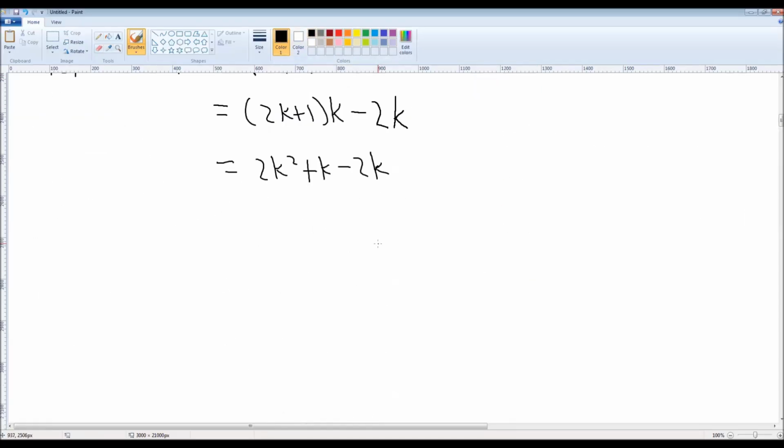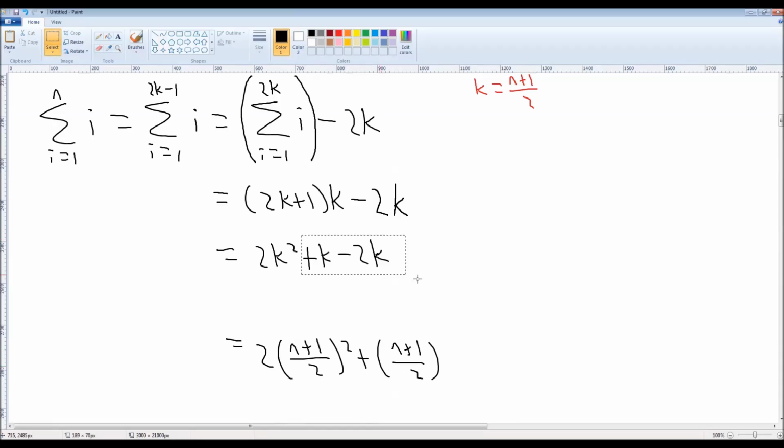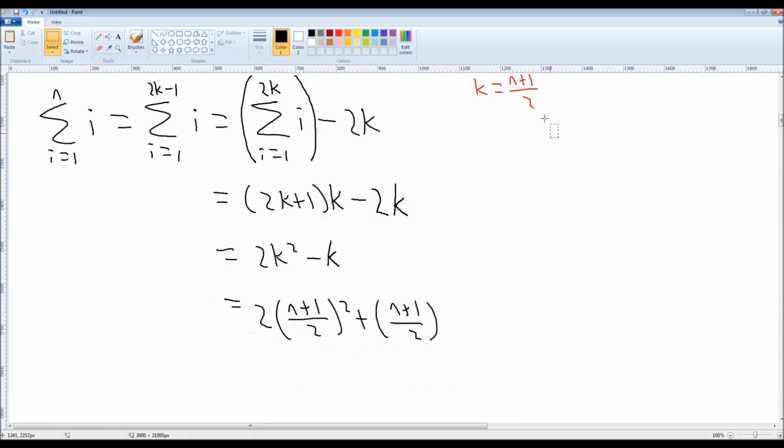So that means we can rewrite this as 2 times n plus 1 over 2 squared plus n plus 1 over 2 minus, actually, this is kind of clumsy. It'd be smarter to simplify this first. k minus 2k, that's minus k, right? So if we substitute this value for k in, we obtain this expression right here.